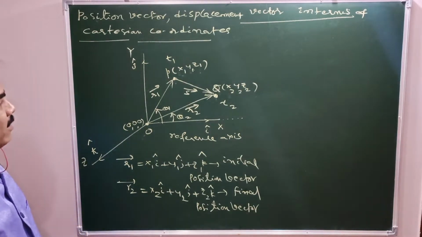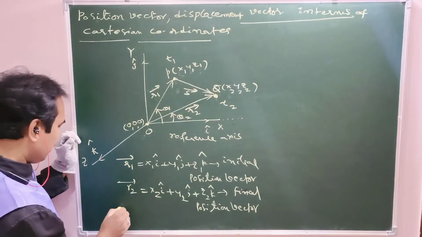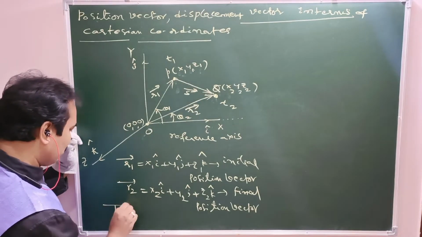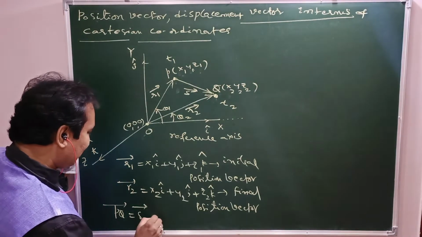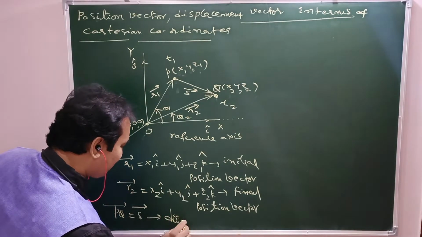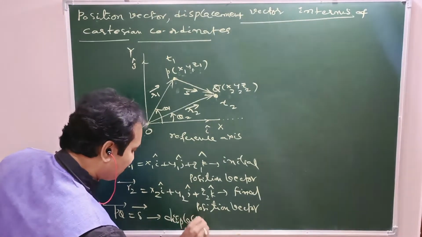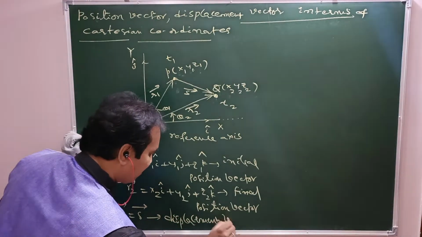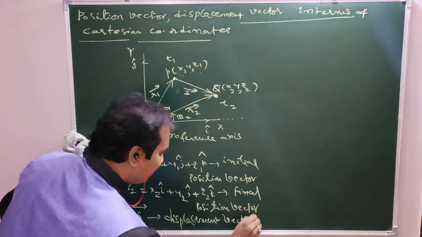Final position vector. Now coming to S bar. S bar is nothing but PQ bar. So PQ bar equal to S bar, that is nothing but the displacement vector.